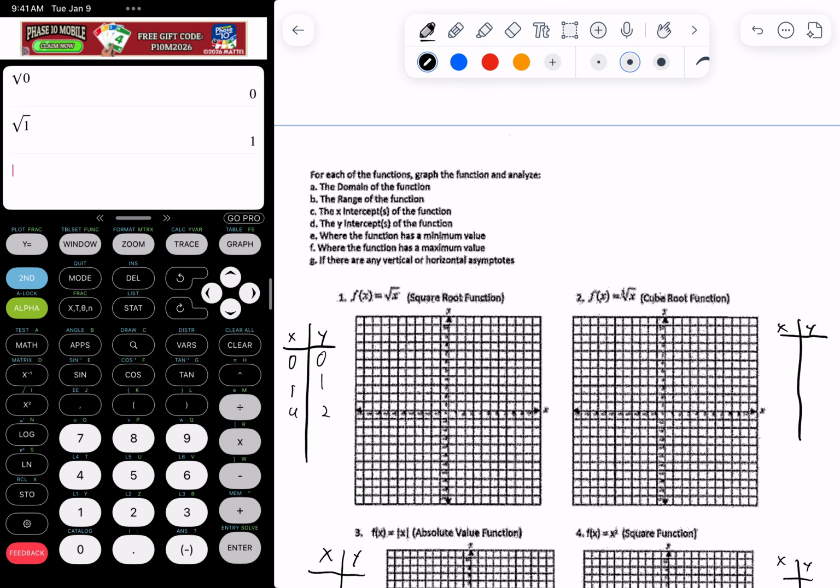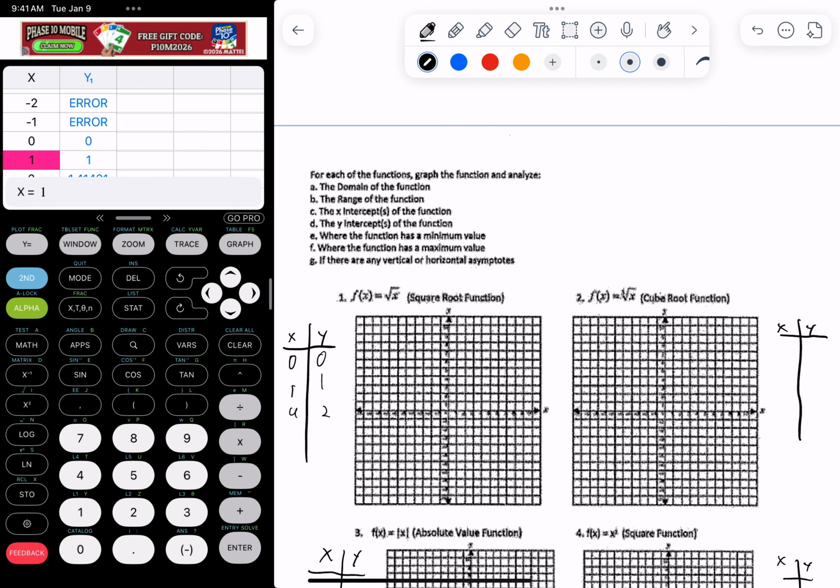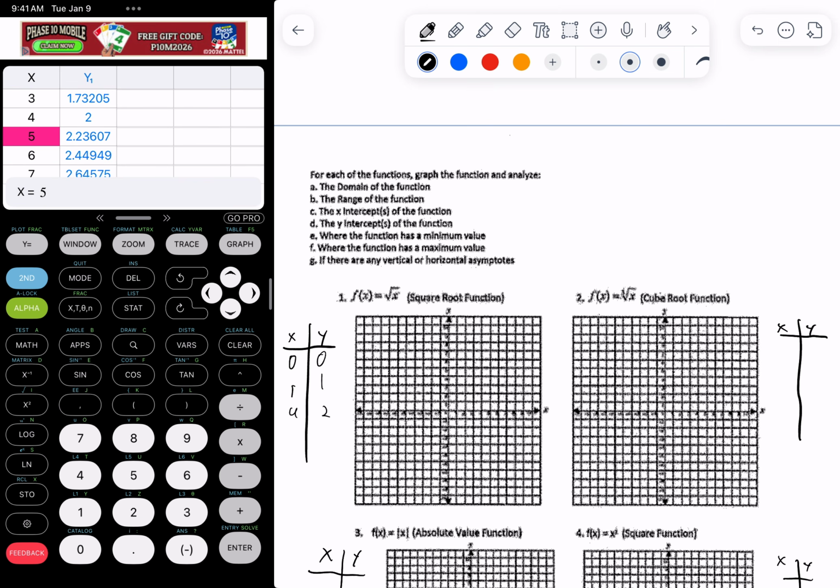Another thing is, we can also go into the second table, and look: 0, 1 is 1, 4 is 2, because we want a real number, like a good number. And the next thing we see is 9 and 3. So now we can graph this over here as well.